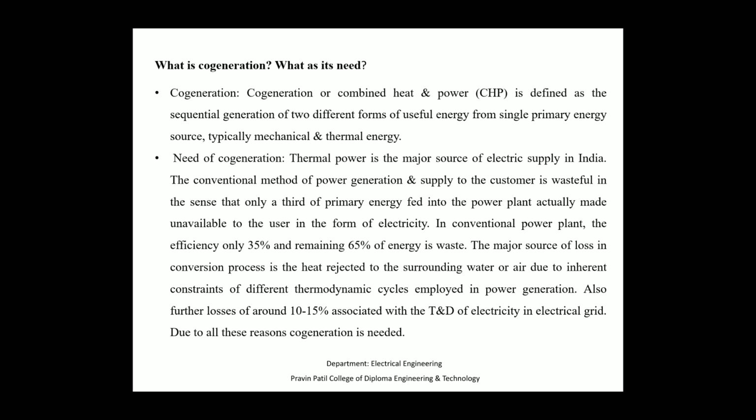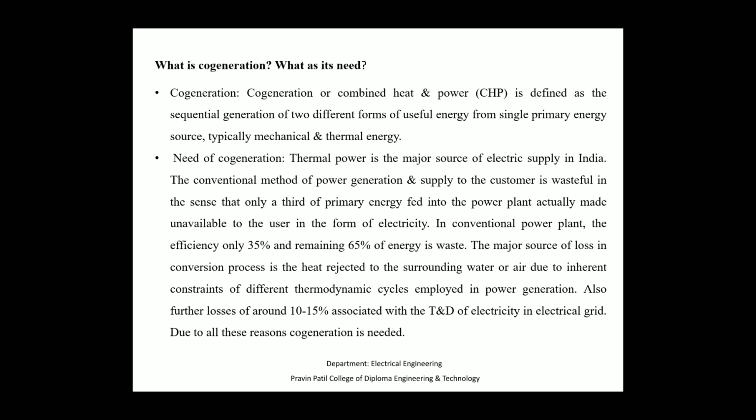The major source of loss in the conversion process is the heat rejected to the surrounding water or air due to inherent constraints of different thermodynamic cycles used in power generation. Also, further losses of around 10 to 50% are associated with the transmission and distribution of electricity in the electrical grid. Due to all these reasons, cogeneration is needed.